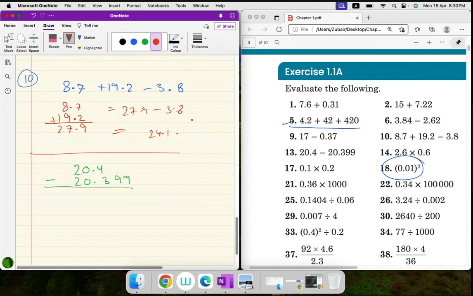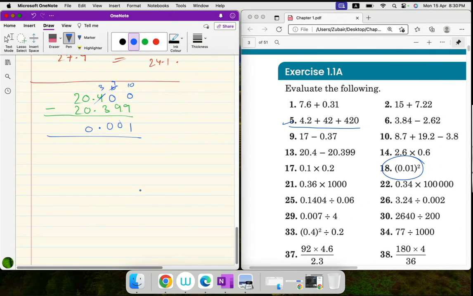Sir, it will be 0.001. Okay, let me do it. This is 0, 0 already. Taking carry from this 4, 3, 10, again 9. This is 10. So 1, 0, 0, 0.001. Yes, I got this. Okay, now the numbers with powers.